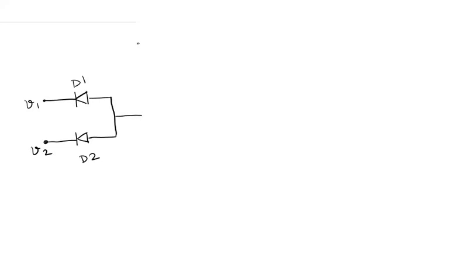And these are tied to the voltage. So this is 5 volts over here, and we take the output from this node. So this is a resistor R, and we take the output from this node.